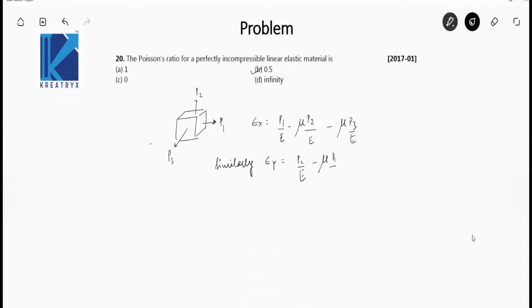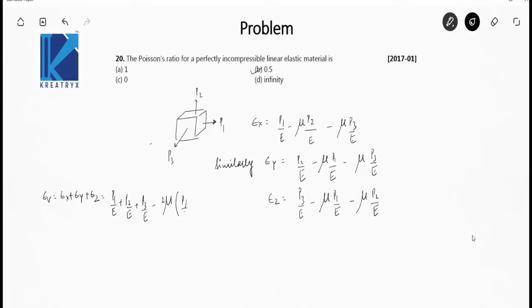So minus mu P1 by E minus mu P3 by E, and strain in z direction will be P3 by E minus mu P1 by E minus mu P2 by E. So let's find the volumetric strain, which is equal to epsilon x plus epsilon y plus epsilon z, which is equal to P1 by E plus P2 by E plus P3 by E minus 2 mu, taking this value common, P2 by E plus P3 by E. So this comes out to be P1 plus P2 plus P3 into 1 minus 2 mu.